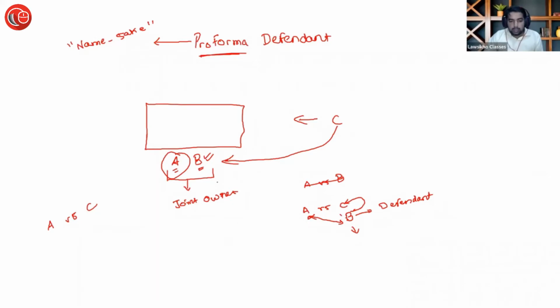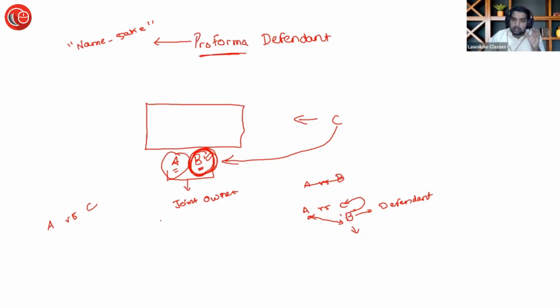So here the problem is that B's presence is necessary. B's presence is very important because B is a joint owner. If B is not there, what will happen? B has a position.